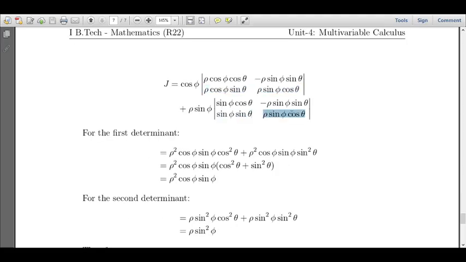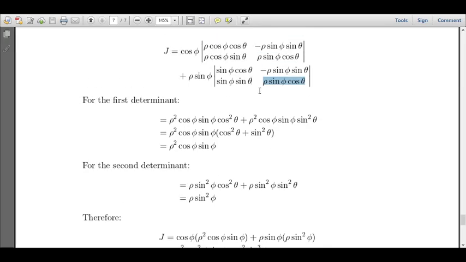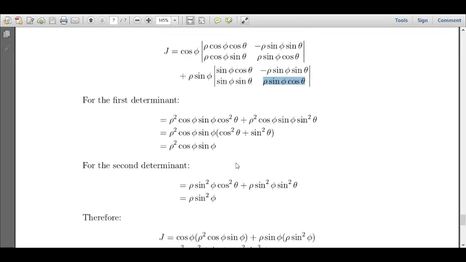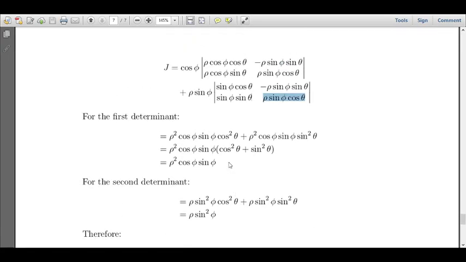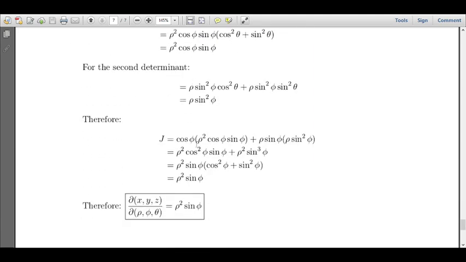Same thing, the second determinant, if we expand that, we will get rho sin square phi cos square theta plus rho sin square phi sin square theta. Rho sin square phi common, cos square theta plus sin square theta is 1. Therefore our Jacobian becomes, substituting the first and second determinants, cos phi into rho square cos phi sin phi plus rho sin phi into rho sin square phi.